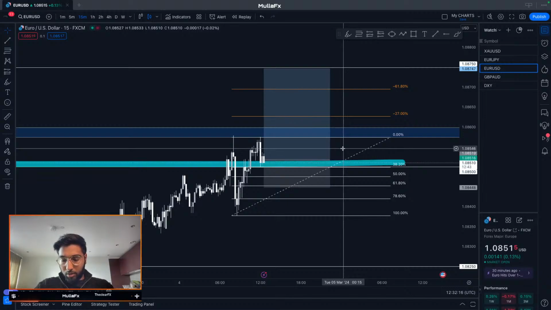And why is it not letting me place trades? That's a bit strange, guys. It's not letting me enter the market.